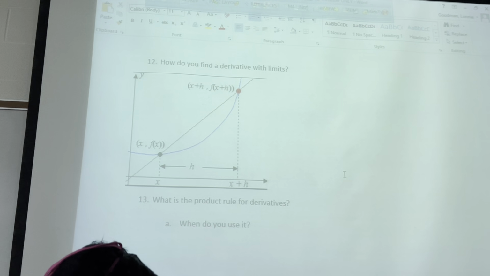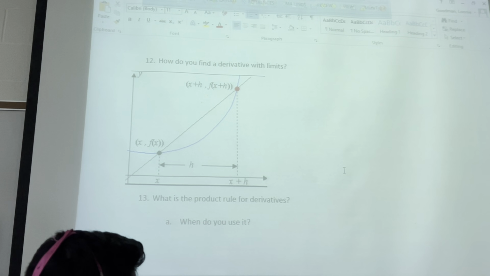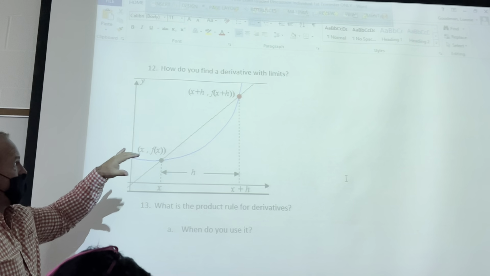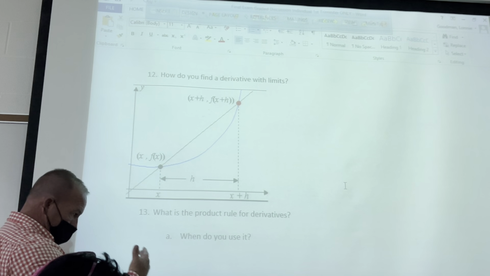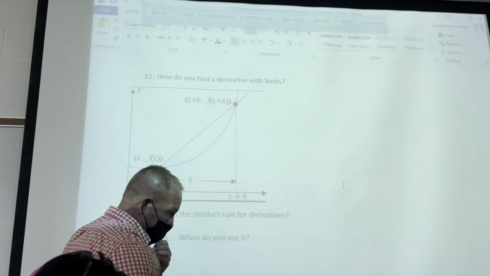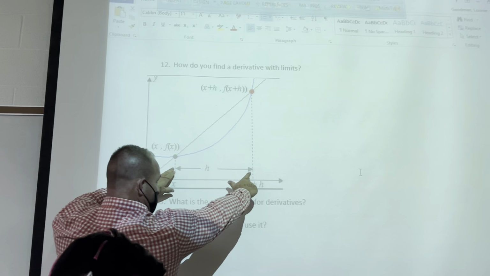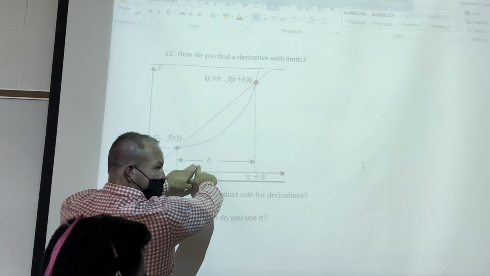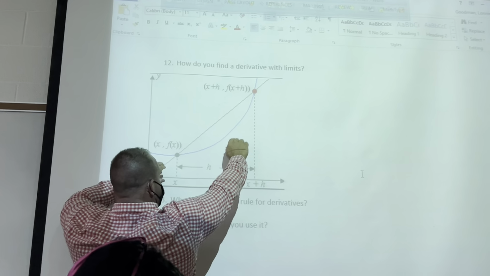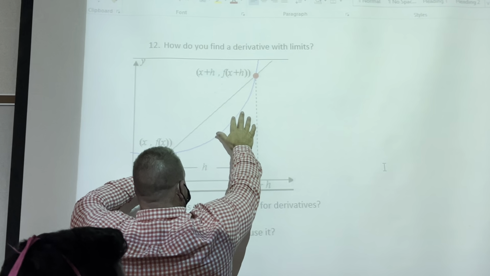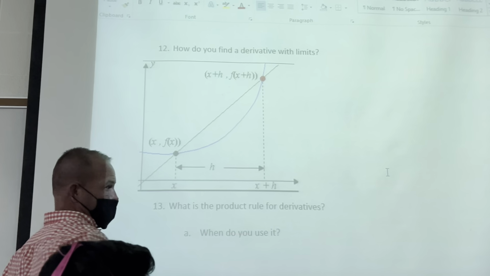Number 12, I would ask you to repeat how to find this derivative using limits. So I'm just going to talk generally about it, and then I'm going to tell you what I'm looking for. We want h to get to 0. That's why h is approaching 0. So we're making this h smaller and smaller, which is making this secant line smaller and smaller until it becomes a tangent line.